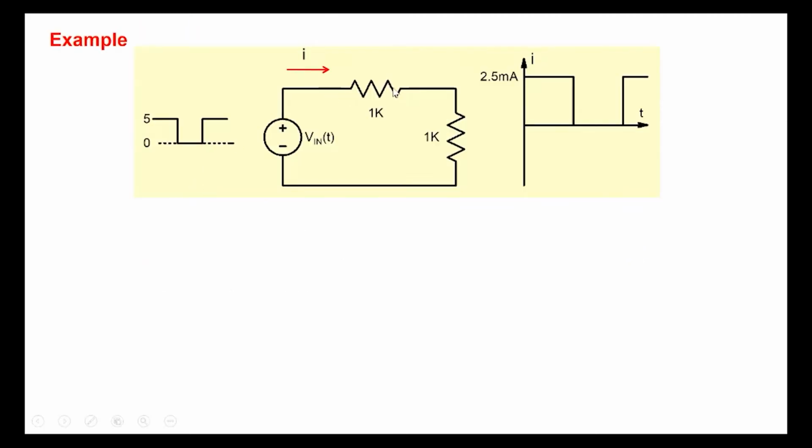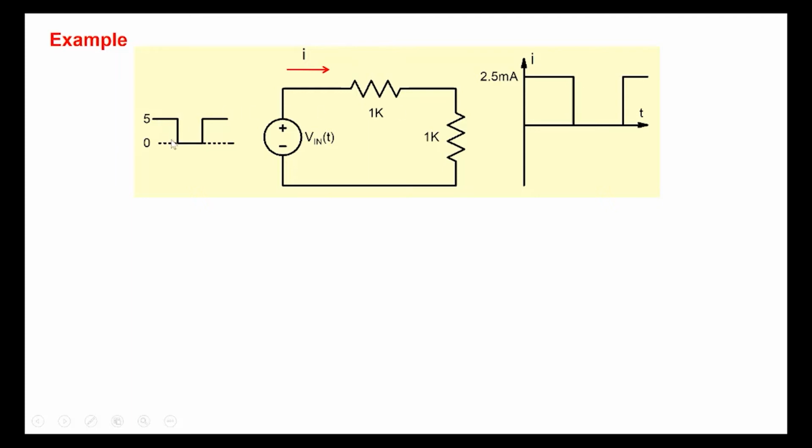So let's take a simple circuit like this, a simple voltage divider circuit. Let's focus our attention on the current flowing through this circuit as we apply a pulse as an input here, from 5 to 0, 0 to 5, like this. Since this is a pure resistive circuit, when we have 5 here, the current would be 5 divided by 2K, 2.5 milliamperes.